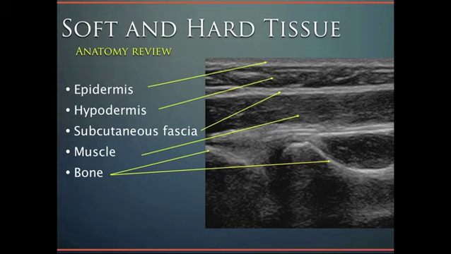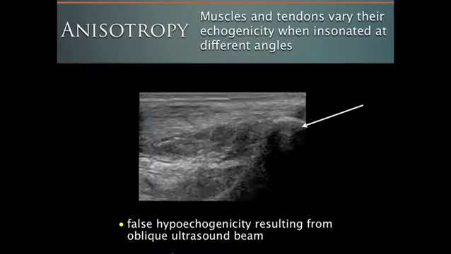And then there's the subcutaneous fascia, which is that hyperechoic line. And then below that, we can see muscle, and finally, the bone being the hard tissue. It's very dense, it's very hyperechoic, and therefore it reflects the sound.